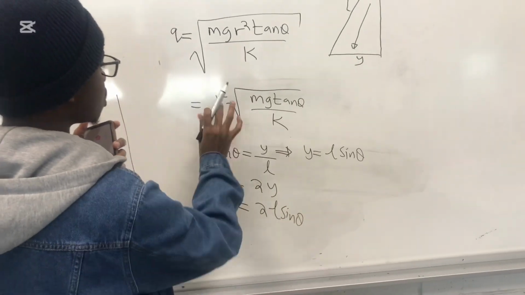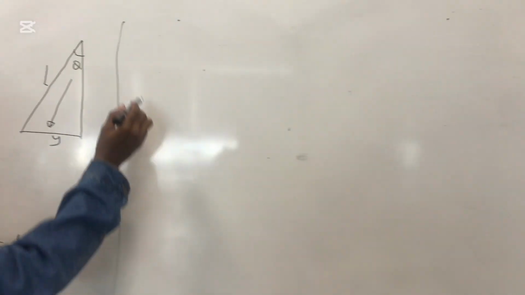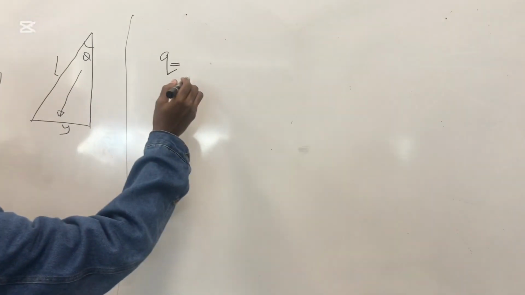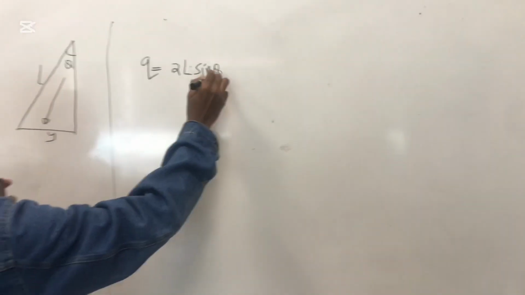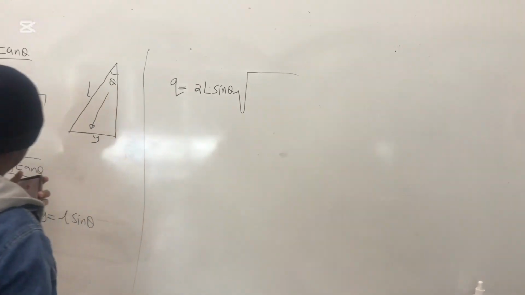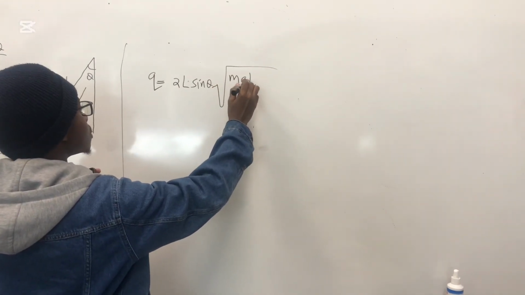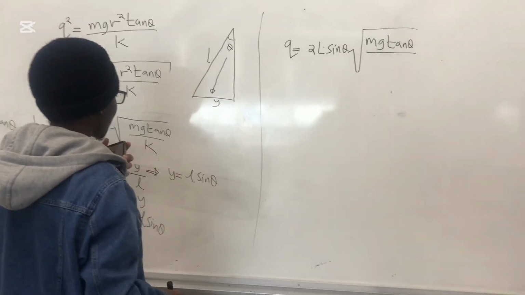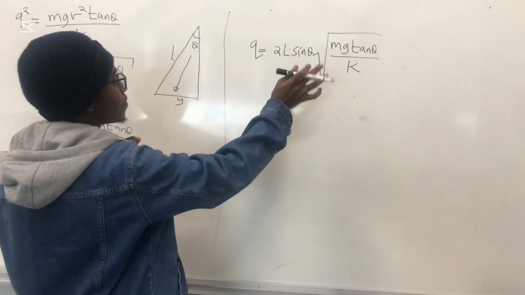So instead of R, I can write this value. So from here you can see that the value of Q will be equal to R, which is 2L sine of angle theta, multiplied by the square root of mg tan of angle theta divided by K. So from here we know the value of each.